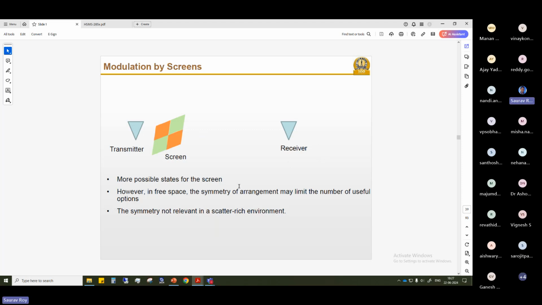Now, because the environment here is scatter rich, what happens? Because scattering happens because of defined objects in the medium, the signal you receive will be different through different paths. Traditionally this is called multipath propagation, right? Or scattered propagation. So because of that, your received signals will be distinct for different screen configurations.